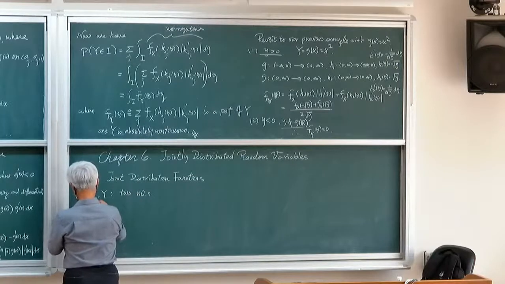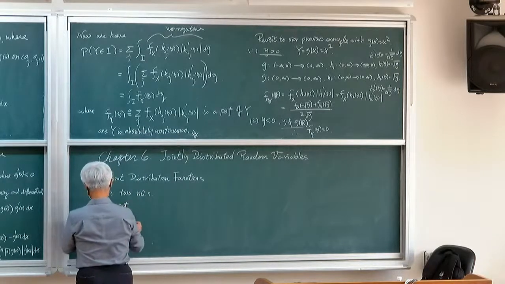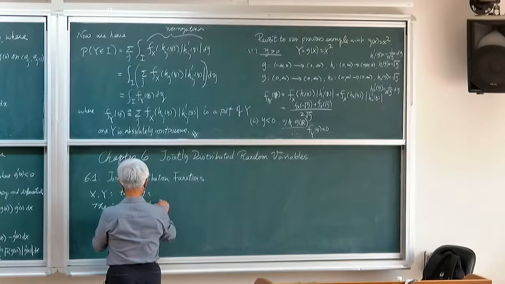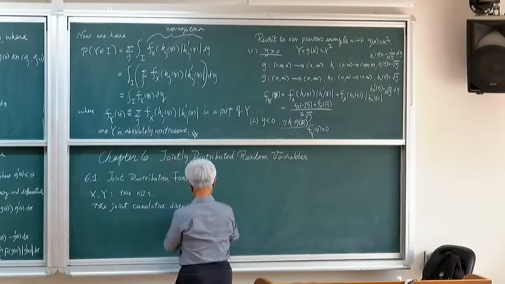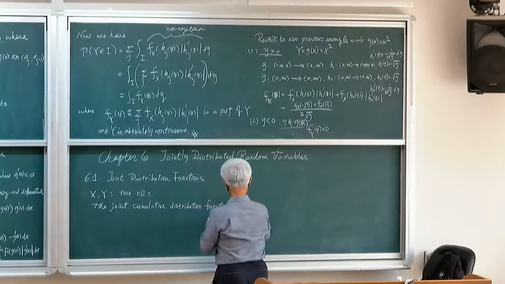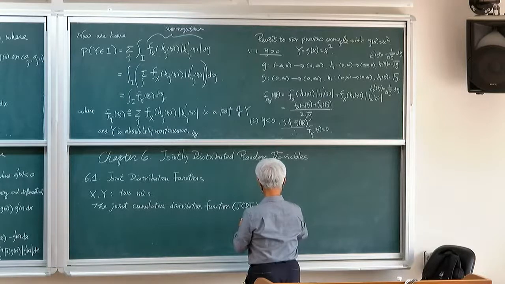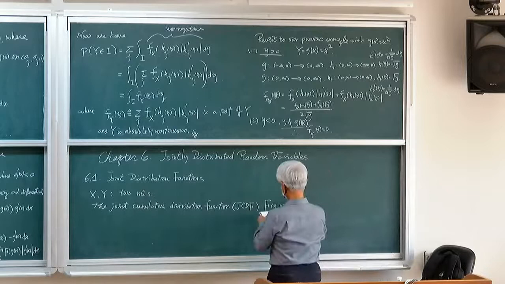Now, the joint cumulative distribution function, so we can say JCDF, notation is F of x, y. So it's a function with two arguments.